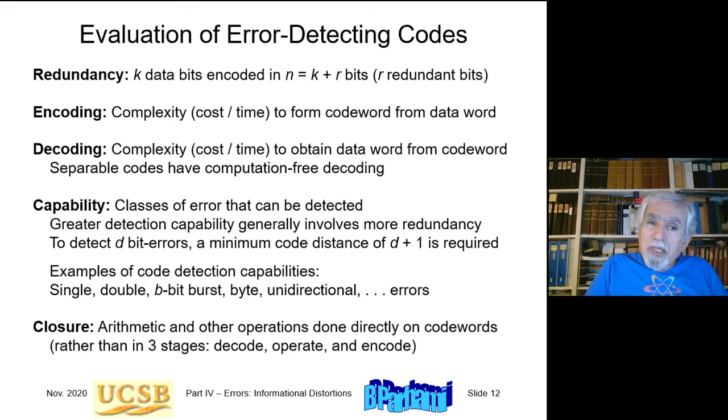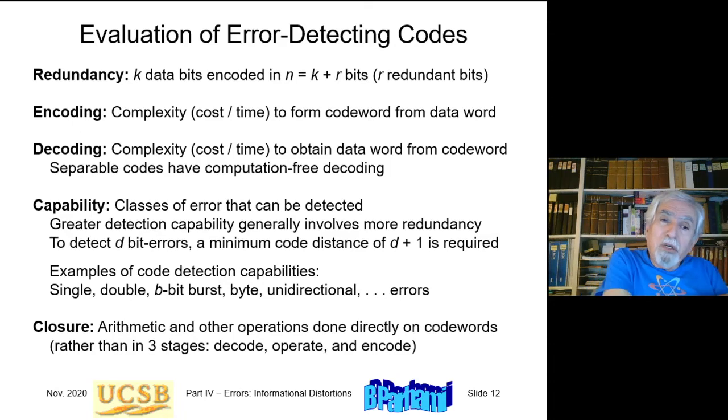Encoding, how difficult is it to encode, both in terms of circuit complexity for the encoder? We'll see examples of encoders and decoders later. And also in terms of the amount of time needed, because if you look at that path where data is encoded and then transmitted and then decoded, the latency of encoding and decoding is added to the overall latency.